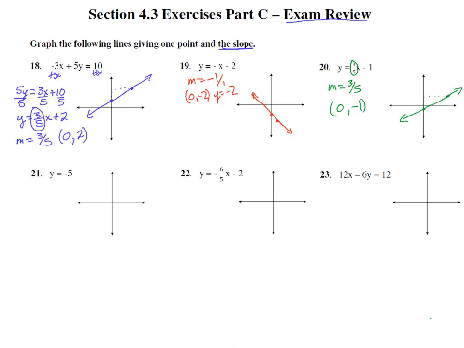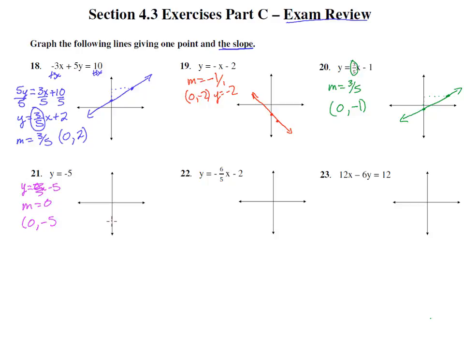Number 21. Here we have y equals negative 5. Now if you remember, that's going to be a horizontal line with a slope of 0, but it may be helpful to view it as y equals 0x minus 5 because the x's are gone. So the slope is indeed 0. And a good point, yeah, if x is anything, y equals negative 5.